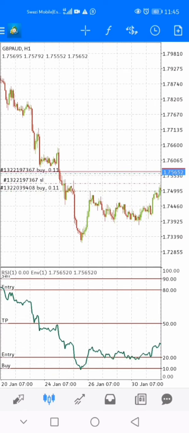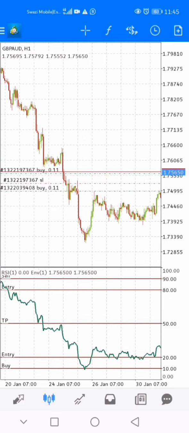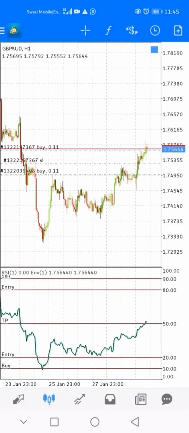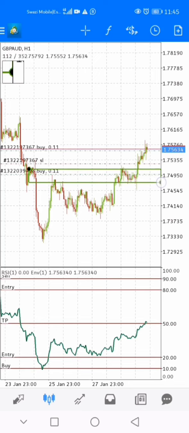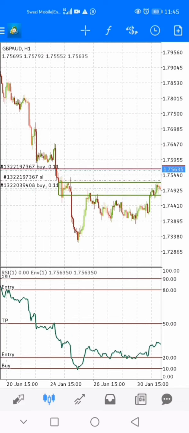For example, for a buy, you wait for price to come and touch the 10 line level, and then you wait for price to cross the recent, let me see if I can draw the key level, to come and close above the recent key level. You wait for price to come and close above that recent key level.